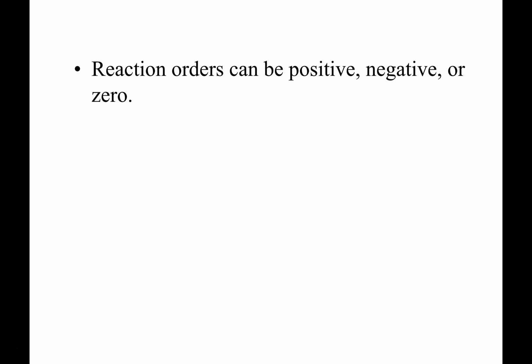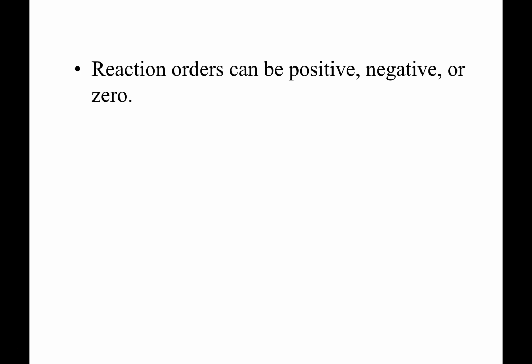Well, if you raise anything to the 0 power, what do you get? 1. Anything to the 0 power is 1. So it's quite possible that A plus B goes to form products, and the rate is equal to the rate law constant K times the molar concentration of A raised to its reaction order times the molar concentration of B raised to its reaction order.